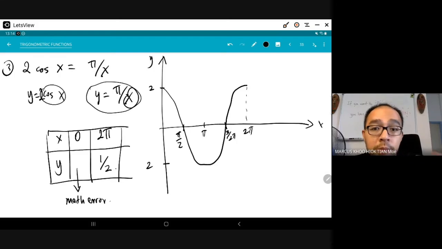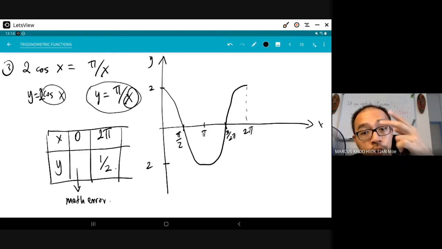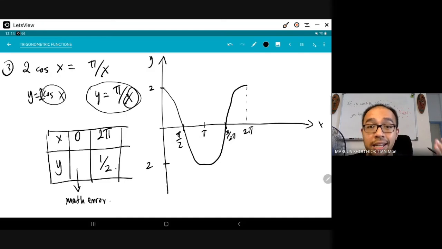So this is a problem because in order to draw another graph, you need 2 points. But the problem with your 0 is that it is already math error. So an alternative, if you cannot do 0, you choose another point. Okay, there are 3 other points for you to choose from: pi, over 2 pi and 3 over 2 pi.